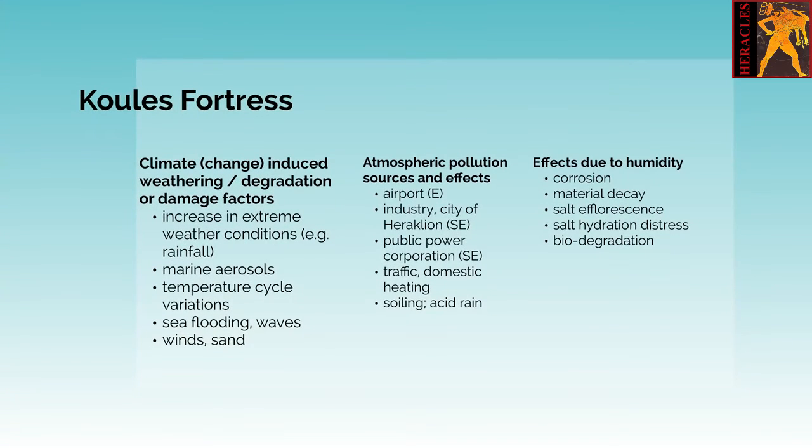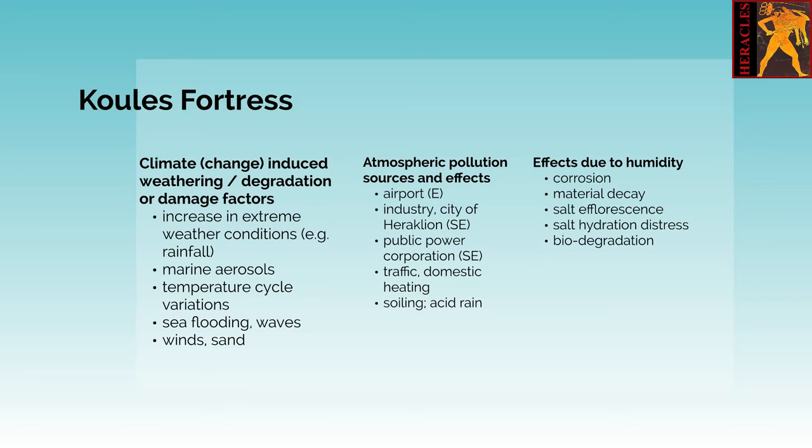The Venetian fortress Castello a Mare or Rocca a Mare is situated at the edge of the northwest breakwater of the Venetian harbor in the city of Heraklion. It faces adverse effects of climate change, with the most significant impact from the sea.